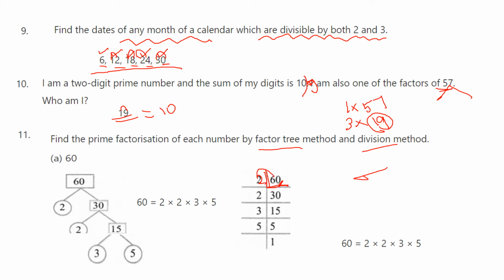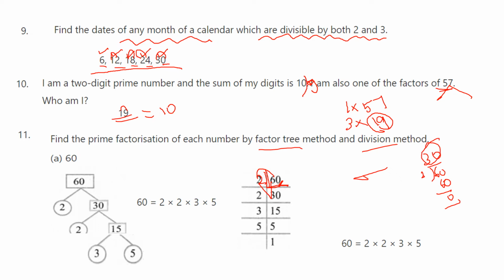Otherwise you can also say 2 3s are 6. And here 0. If you don't know that, you do the division. 3 2s are 6, and 0 put 0. So here you write 30.